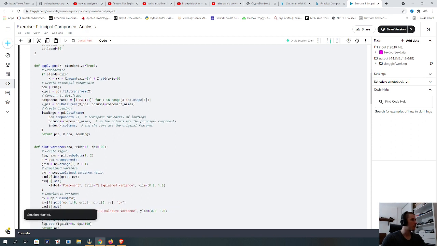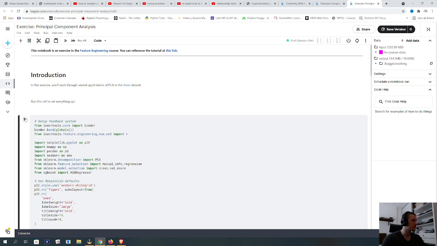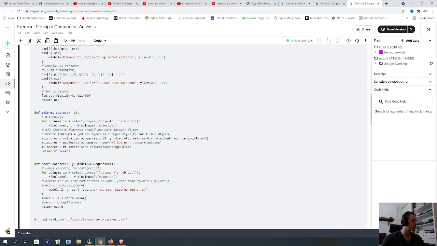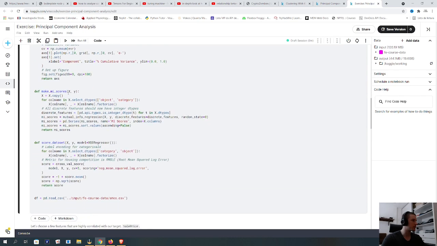Create principal components. Plot variance. MI scores.